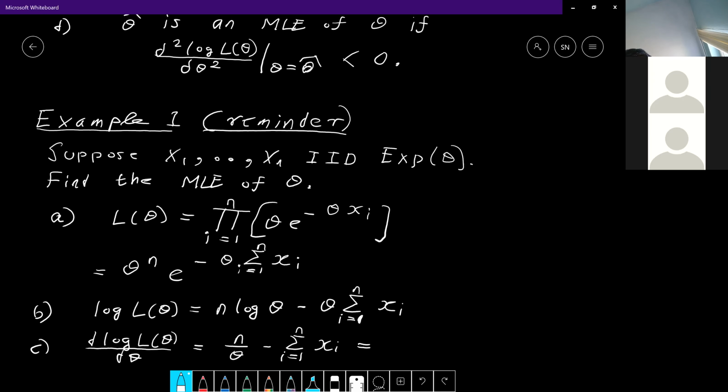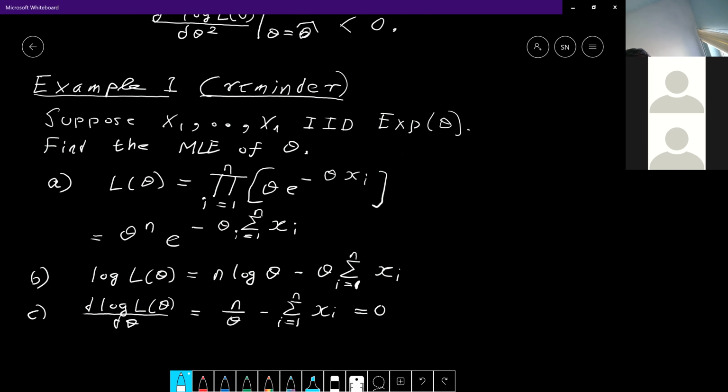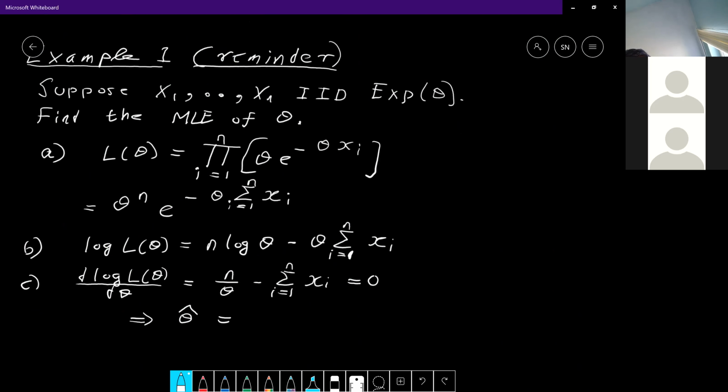You set this to 0 and solve for theta. If you do that, you get theta hat equal to n divided by the sum of x_i, which is the same as 1 divided by the sample mean x bar.